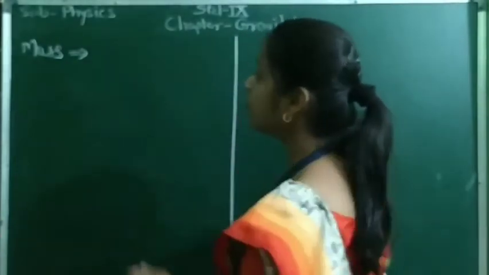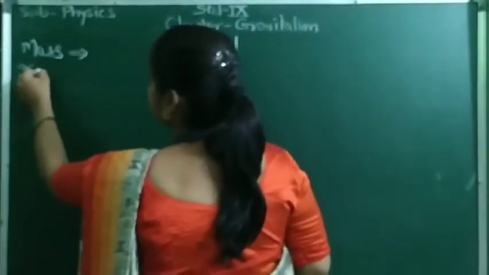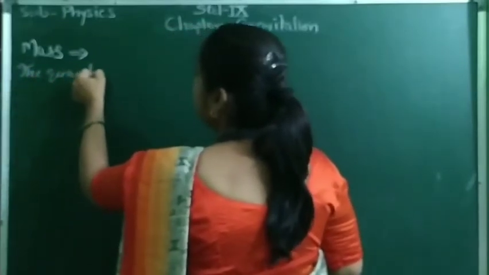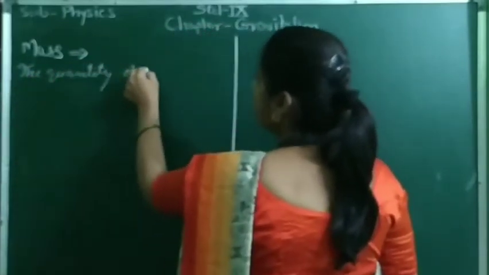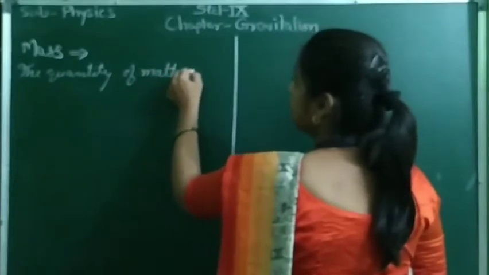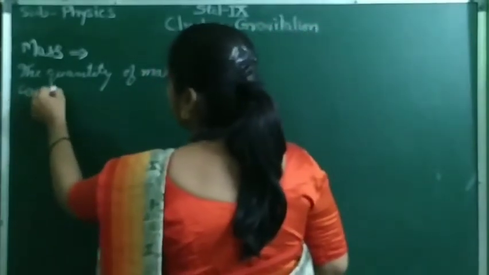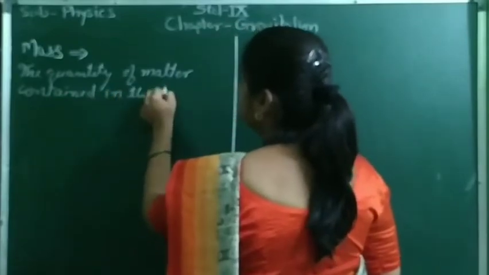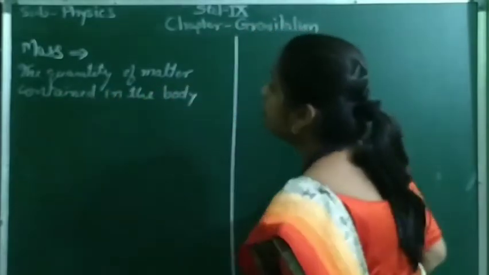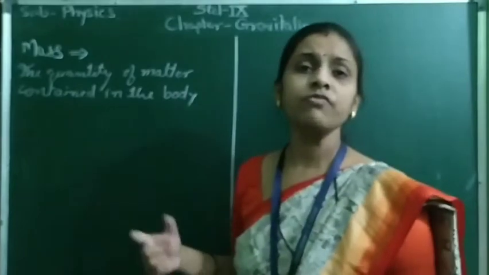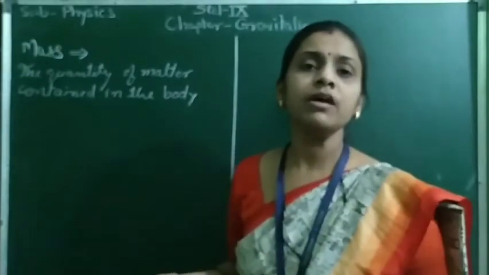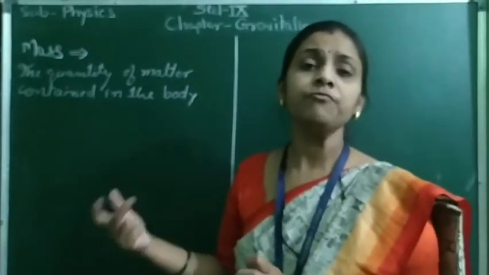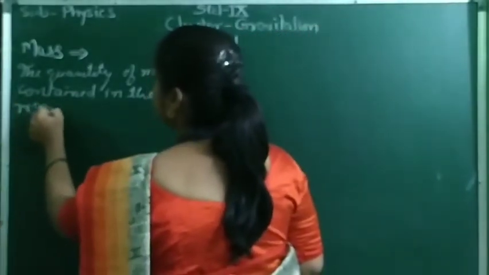So what is the mass of an object? The mass of an object means the quantity of matter contained in the body, and this quantity of matter is regardless of its volume. So it does not depend upon the volume or any force applied on it.